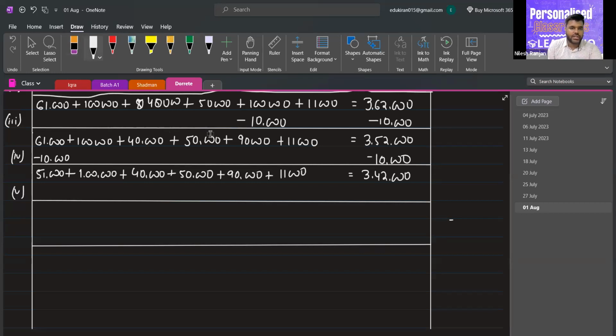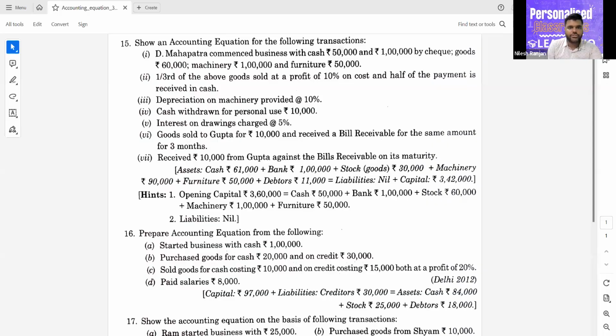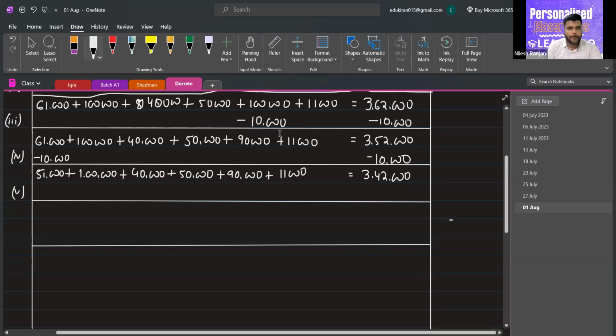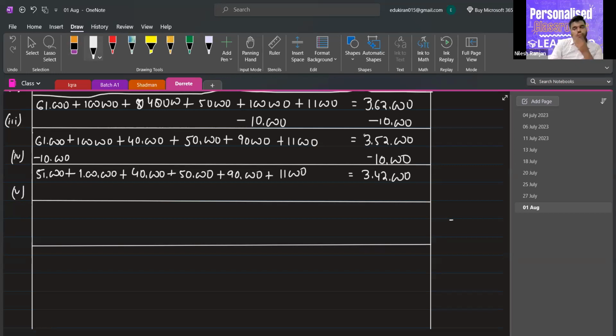Interest on drawing charged at the rate 5%. Now, how much amount is withdrawn? 10,000. So 10,000 into 5% will be 500.